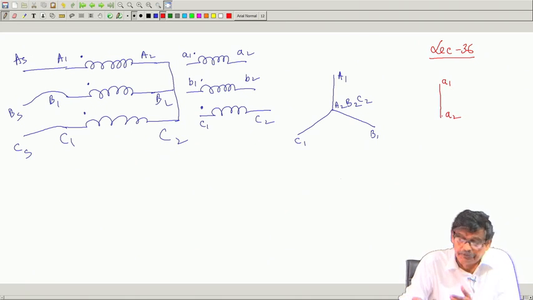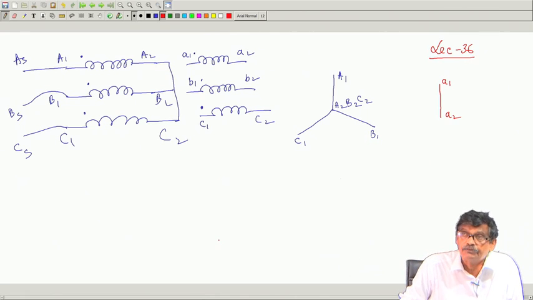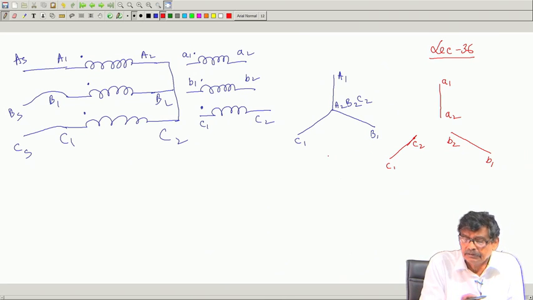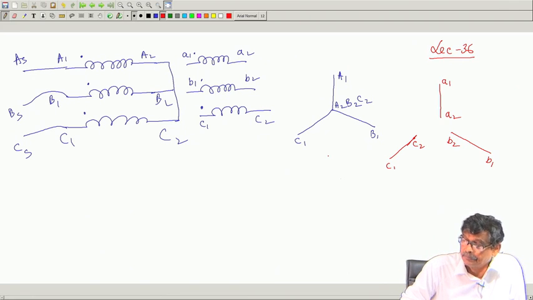I will play with these phasors so that it becomes a meaningful delta connection, and then B1 B2 will be parallel, C1 C2 will be parallel. Why will this be parallel? Because it is a single phase transformer, it must be parallel to its respective primary voltage and so on. And since the input voltages are 120 degrees apart, they will also be 120 degrees apart.